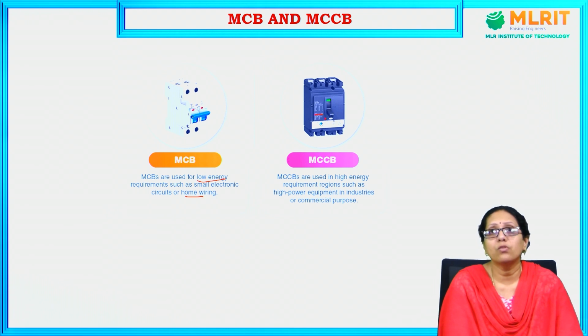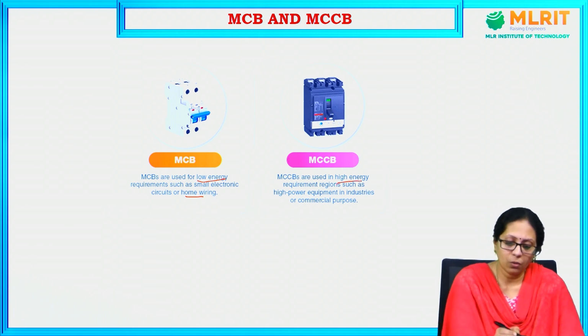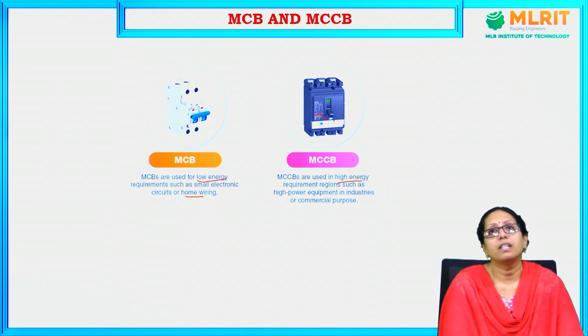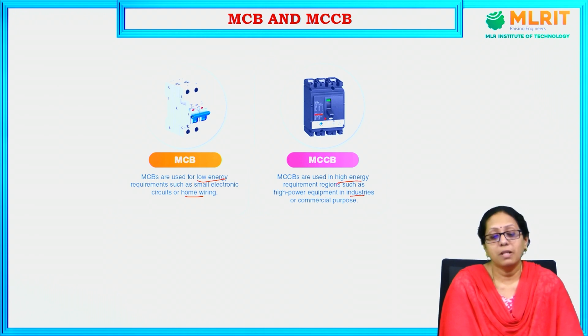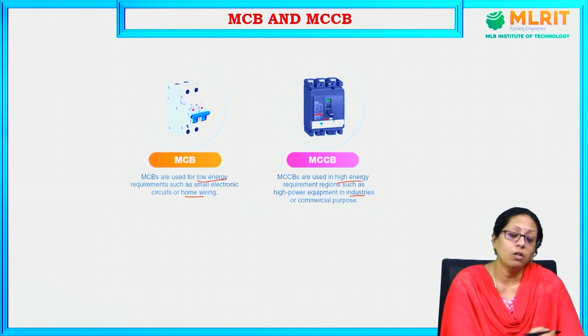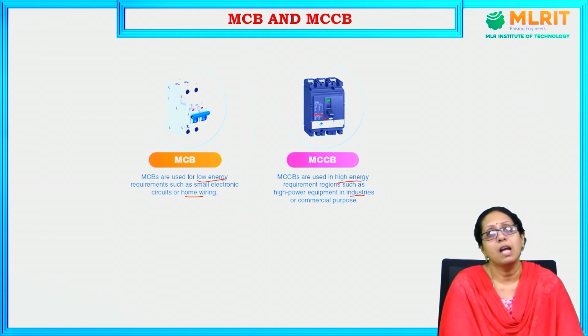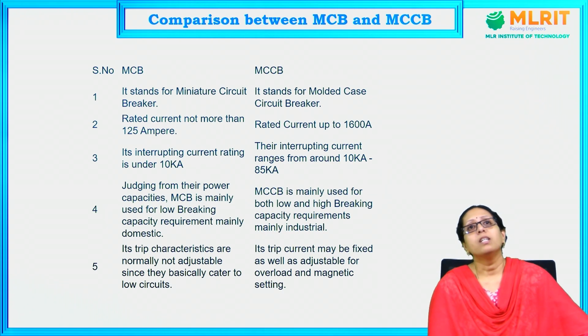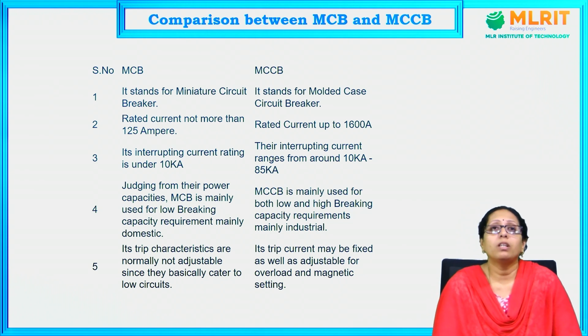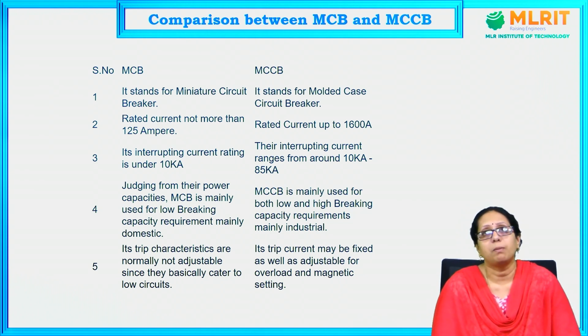MCCB are used for high energy requirements such as high power equipment and industries, and for high voltage industries we will be using the MCCB. For small industries or for small home appliances we will be using MCB. This is a comparison between MCB and MCCB.